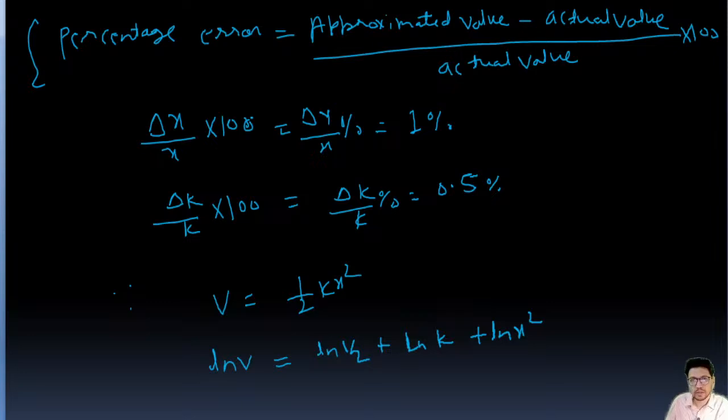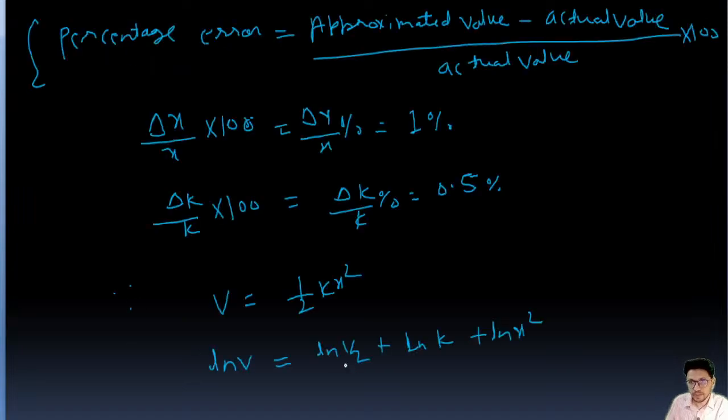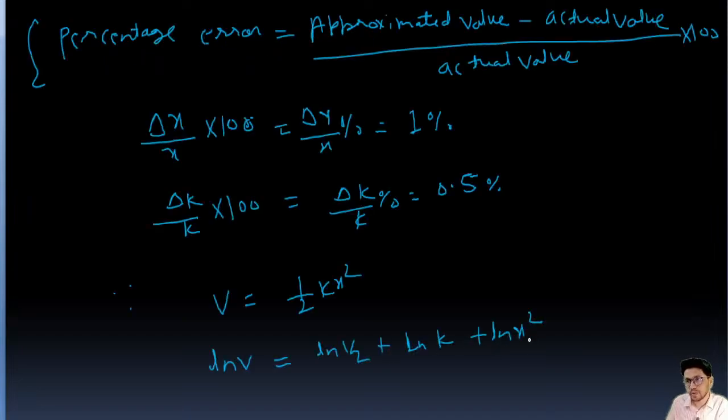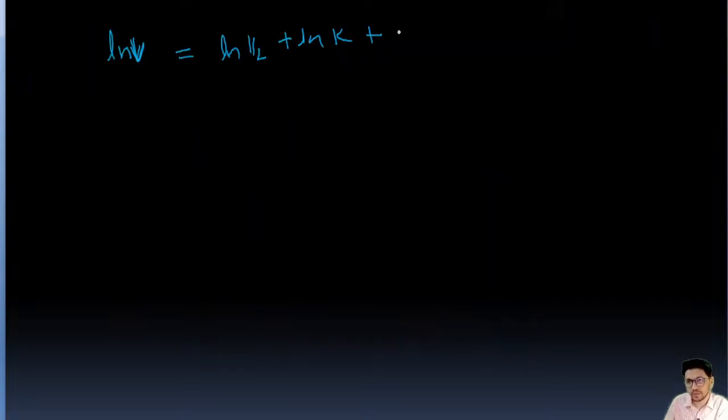With the log property, ln x square is 2 ln x.